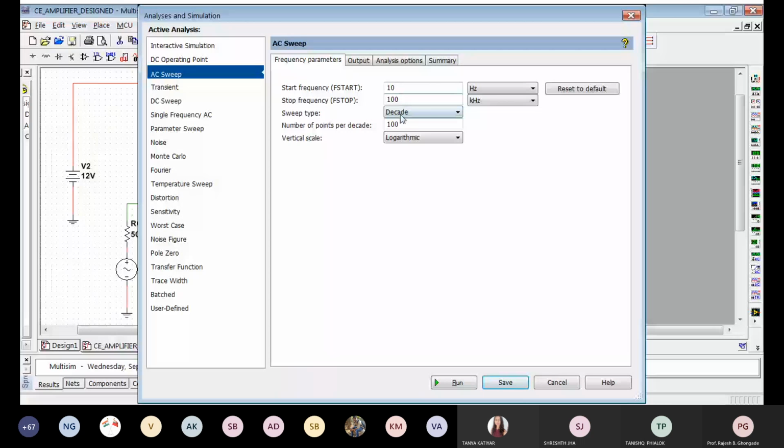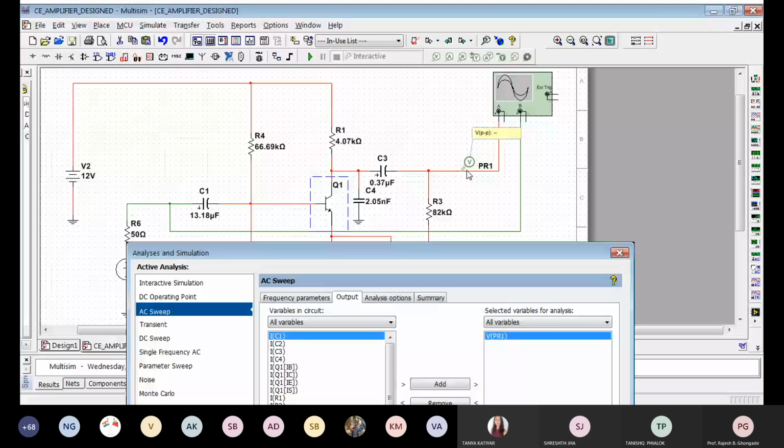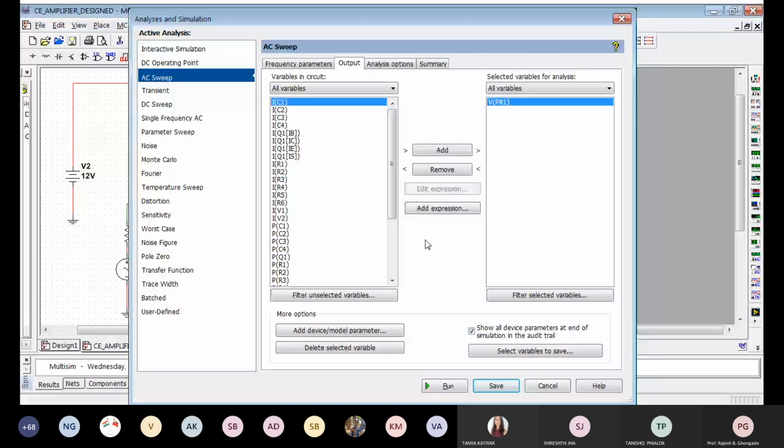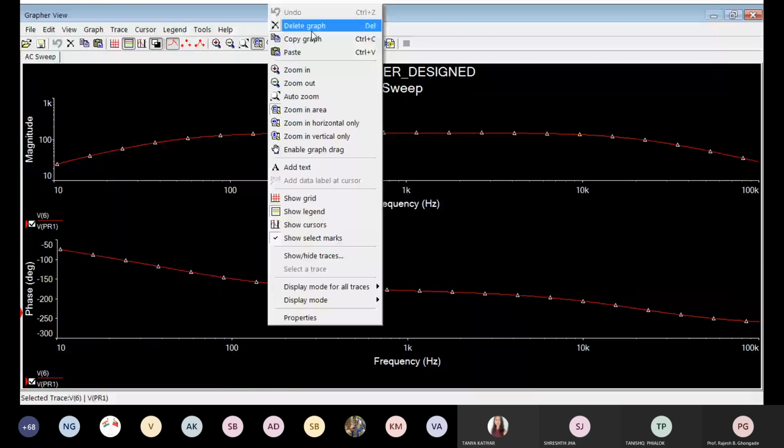Okay, output is VPR1. What is VPR1? This is the voltage probe that we have connected over here at the output. And let us now run this. Are you able to see the frequency response? Yes, sir.